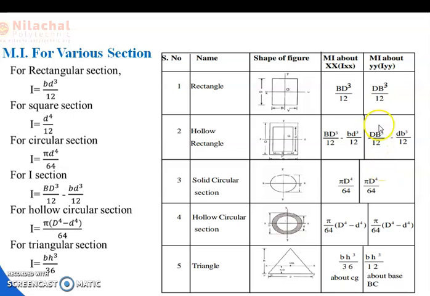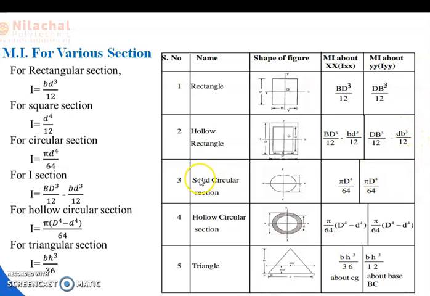In the case of the y-axis it will be alternate: b is replaced by d and d is replaced by b. So the value of moment of inertia for the y-axis is D B cubed by 12 minus d b cubed by 12. This part is the outer rectangle and this part is the inner rectangle.